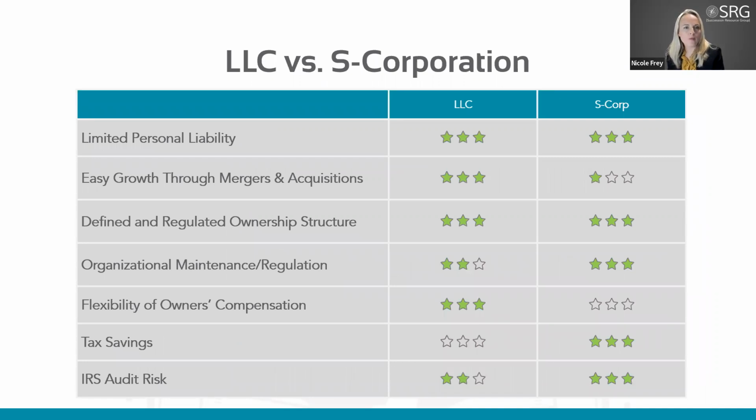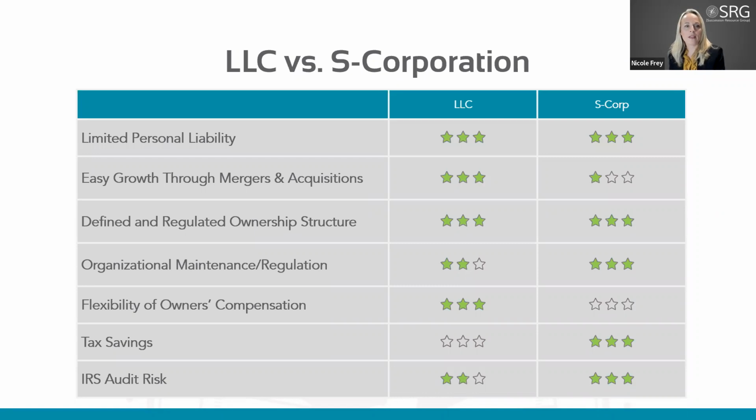I thought it would be helpful to compare the most common entity types for you, the pros and cons of each, just because that decision always comes up when we start a project here at SRG. The S corporation definitely has that benefit that you do have the tax savings. However, it also opens you up to a greater audit risk because of those savings.